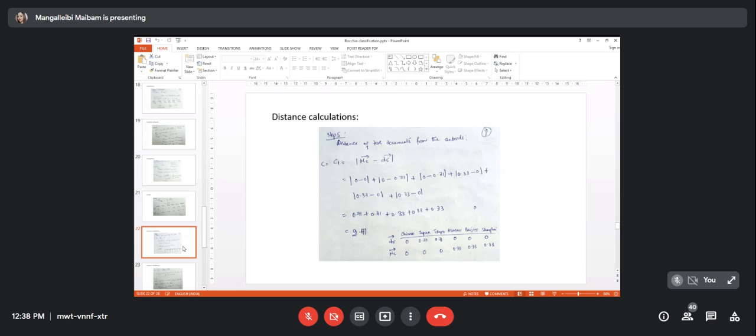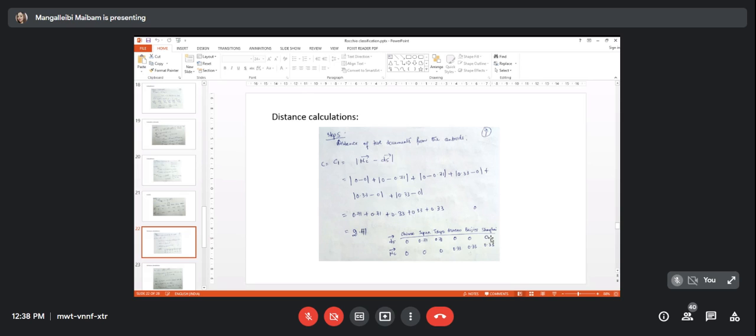After that, we have to find the distance of the test document from the two centroids, one from the China class and the other from the not China class. So our centroid minus our test document, which is D5. The values for D5 and for the centroid are given here.